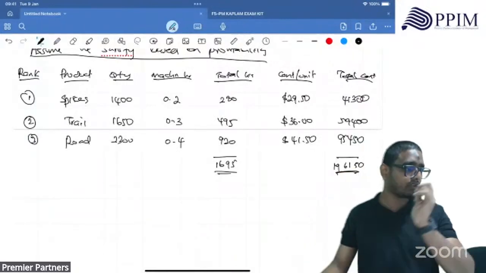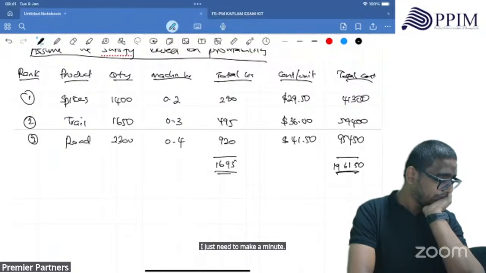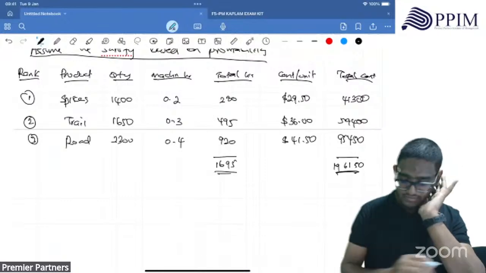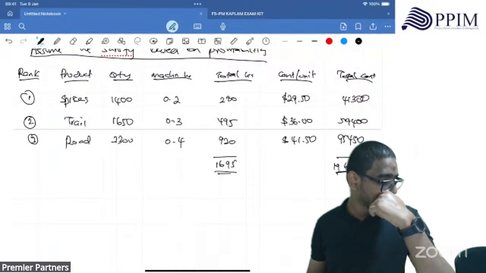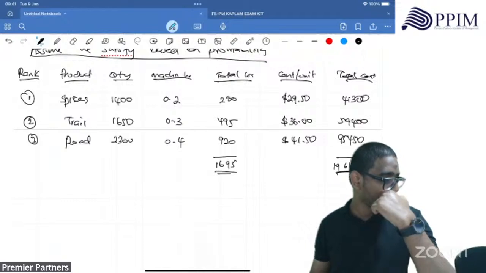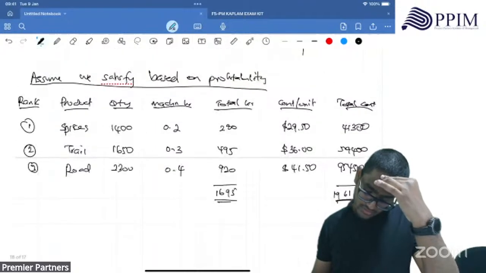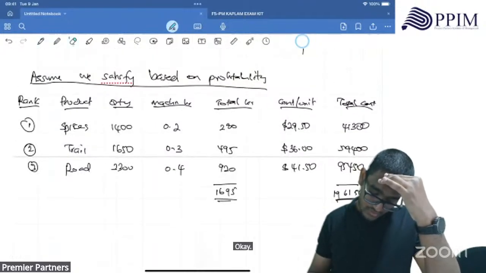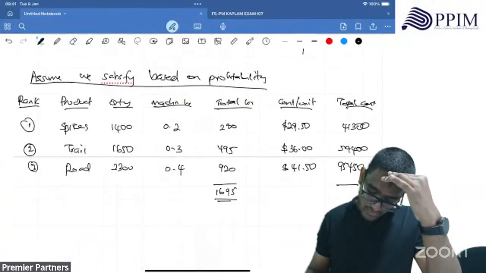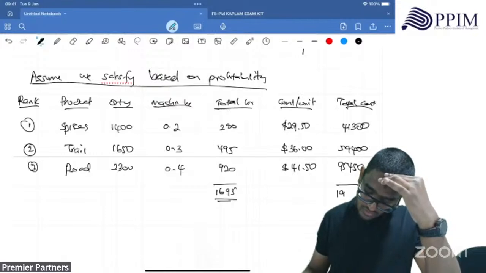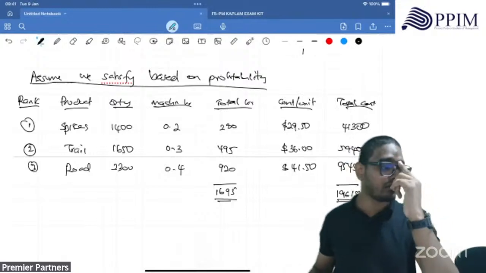Total contribution. Just check now. I just need a minute. The check, 196,150, correct?